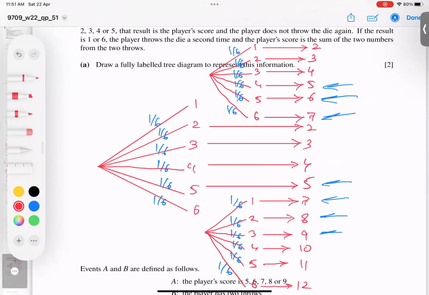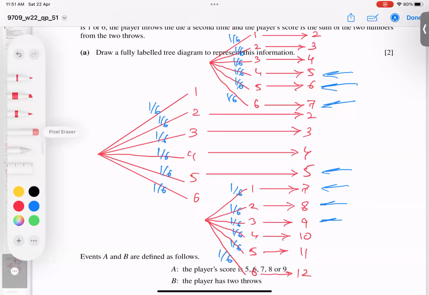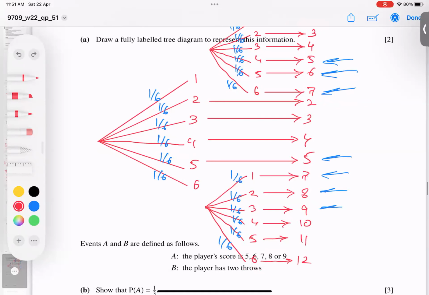So now how to answer? Look at how many branches, and make sure of one thing. This branch is 1 by 6, 1 by 6. For example, how to score 5? First he got a 1, so 1 by 6, and then a 4, 1 by 6. So 1 by 6 into 1 by 6. But how many branches like this? 3 branches from here and 3 branches from here. So 6 branches.